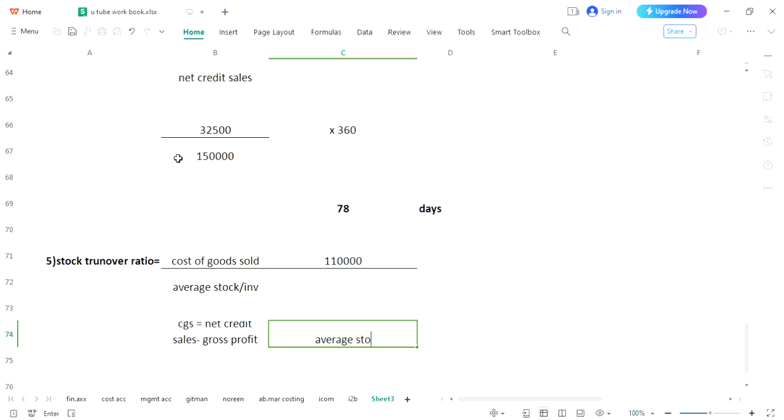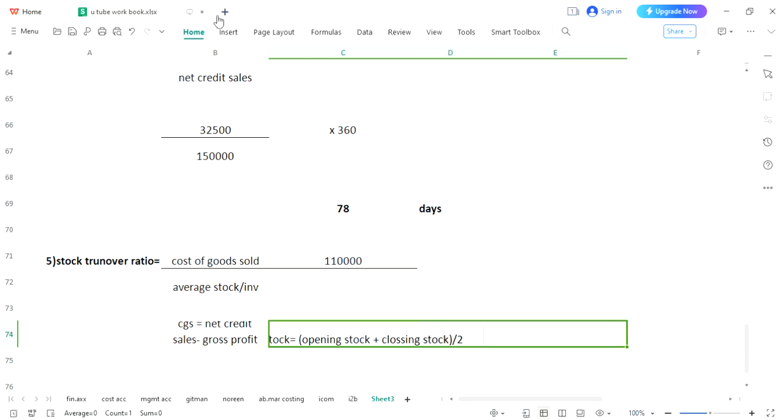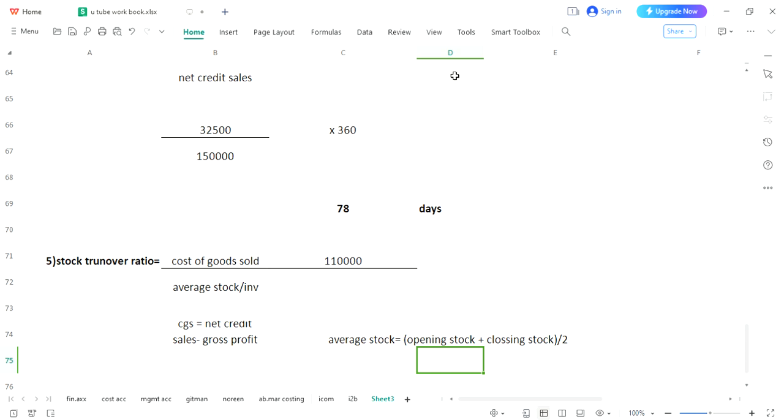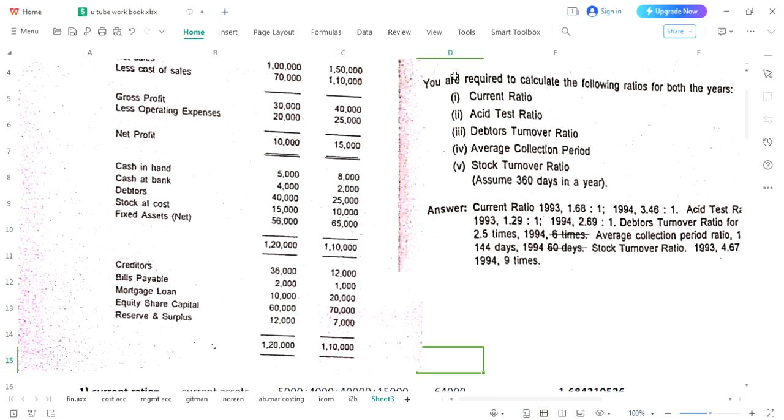Average stock is equal to opening stock plus closing stock divided by 2. Okay guys, so average stock is calculated by adding opening and closing stock, and finally dividing by 2. So let's see how much opening stock is present.